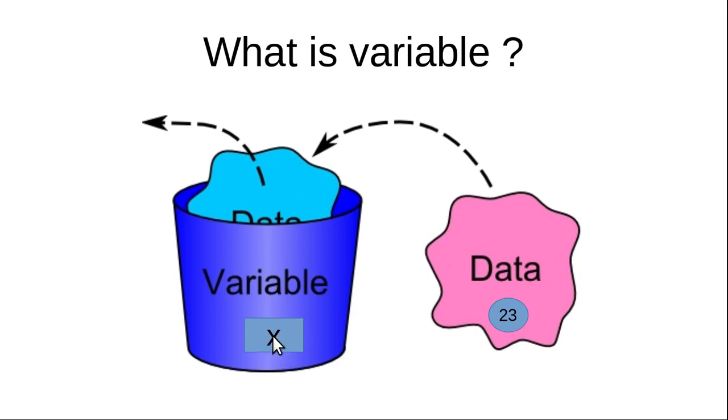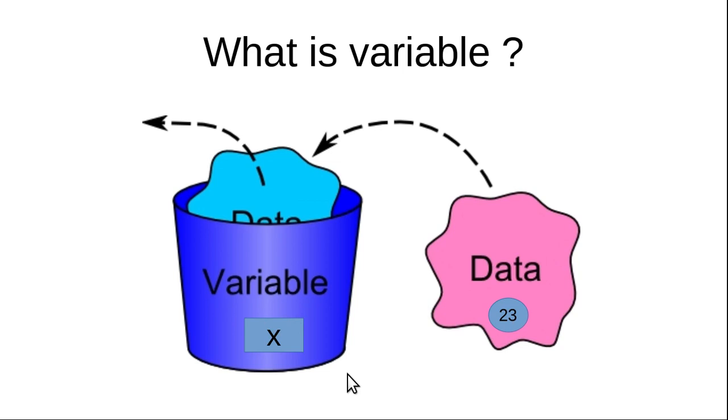Just an example, X. We can assign any name to these variables, using uppercase and lowercase letters in English. Now if I store this value 23 into X, X will contain 23, and I can make use of this value of X anywhere in the program.